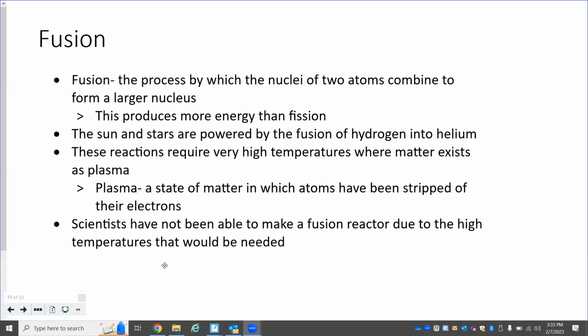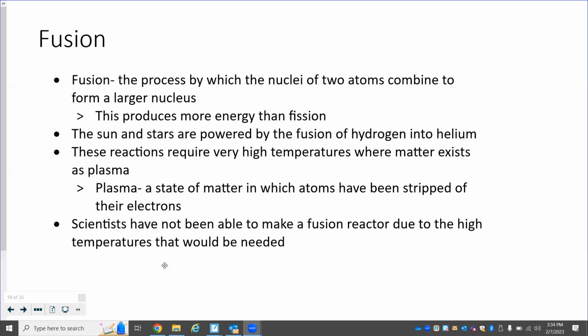Now, the reason we don't typically use these, even though they produce more energy, is these reactions require very high temperatures where matter exists as plasma. It's a state of matter where atoms have been stripped of their electrons, so it will have a charge. Because this has to be at such high temperatures, we cannot maintain it on Earth.